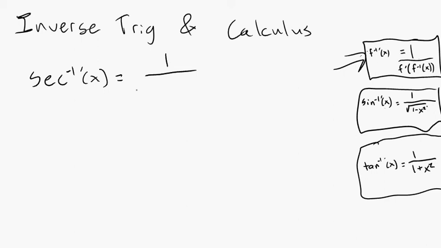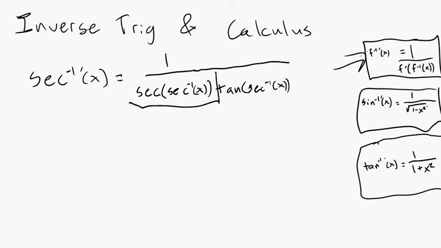So 1 over secant of secant inverse of x times tangent of secant inverse of x. So the reason I like doing it this way is because we get this little fella here, secant of secant inverse of x. So it's just 1 over x tangent secant inverse of x.